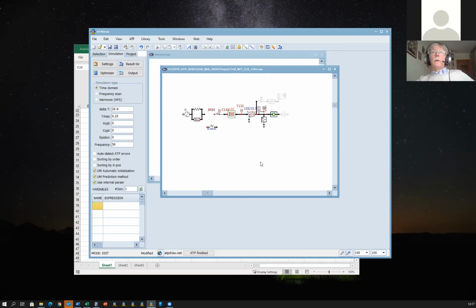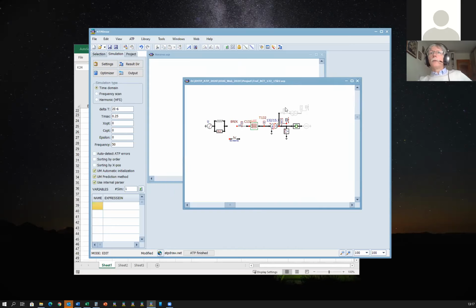The question about the autotransformer. Yes, I suggest to read carefully the autotransformer modeling in the ATPDraw manual. There are some pages about that, because the program internally recalculates the short circuit impedances required by the autotransformer modeling.